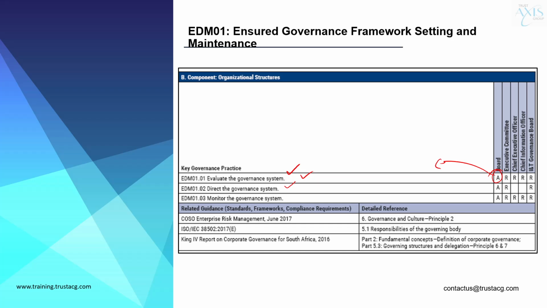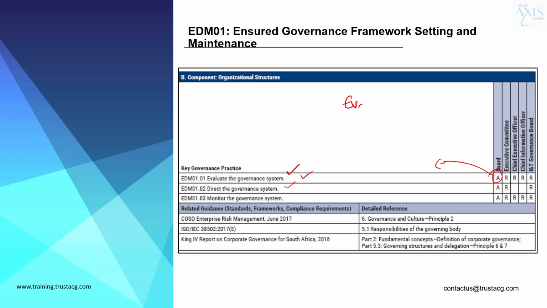Again, the accountability for ensuring this monitoring is performed resides with the board, while responsibility is evenly spread across your executive committees, that is your strategic, steering, or audit committees, as well as the chief executive officer, the chief information officer, and the IT governance board. So the responsibility is basically split.